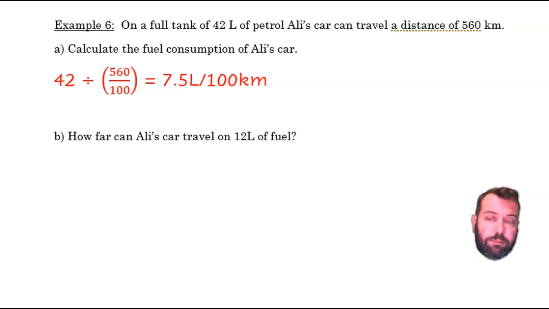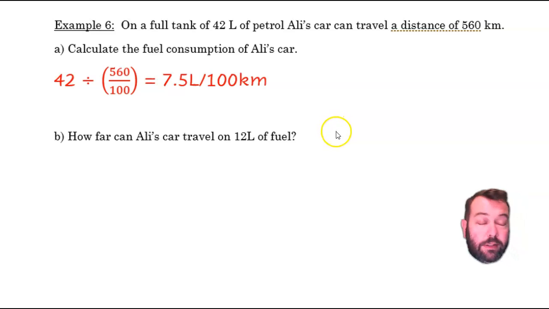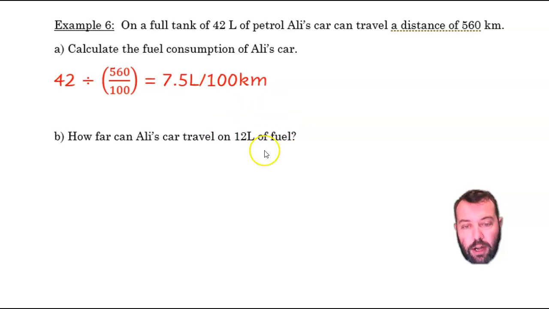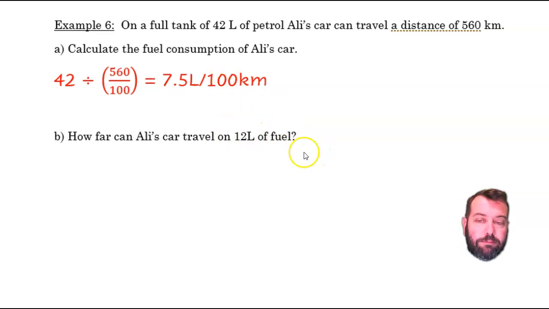The second part of this question is how far can Ali's car travel on 12 litres of fuel? Well, you might remember when we did distance, speed, time, we always divide the distance. That's the thing that comes first in the rate. It's kilometres per hour. This is litres per 100 kilometres, so we're always going to divide the litres where we've got it. I want to know how far. I want to know the distance.